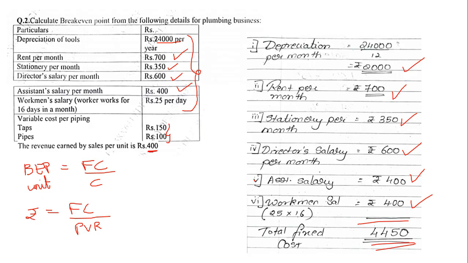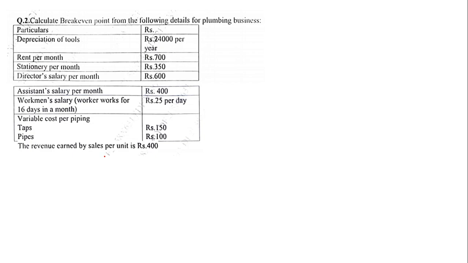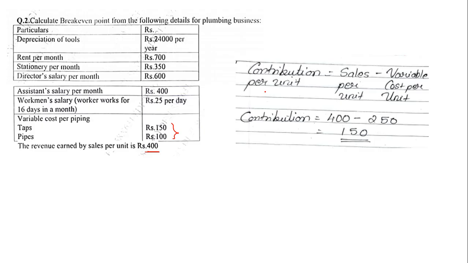Now we need to find the variable cost, I mean the contribution. We need to get the value of contribution. The simple formula is sales less variable cost. I can see sales is 400, and variable cost is 150 plus 100, which is 250. So contribution is sales per unit minus variable cost per unit: 400 minus 250 is 150. Again, I repeat, fixed cost was 4450, and contribution came to 150.